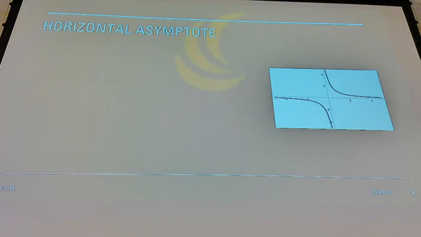Each one uses the same one. Can you identify the horizontal asymptote? Y is equal to 0. Y equals 0 would be a horizontal asymptote.